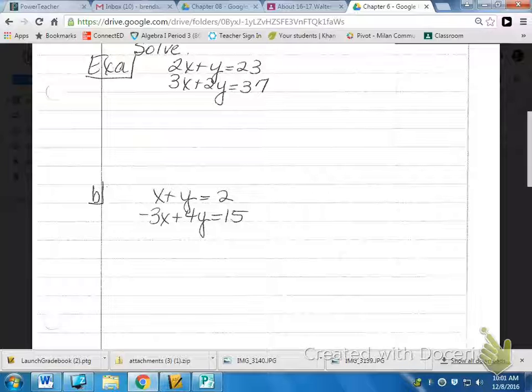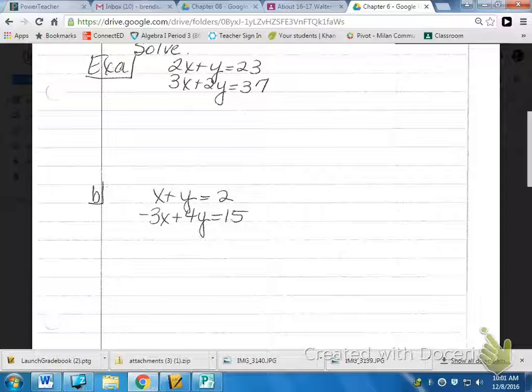You'll look at the coefficients in which one of them is a multiple of the other. If that happens, then you definitely can get by with just one multiplication. So if I have 2x plus y equals 23 and 3x plus 2y equals 37, this is set up perfectly for me to do just one multiplication.